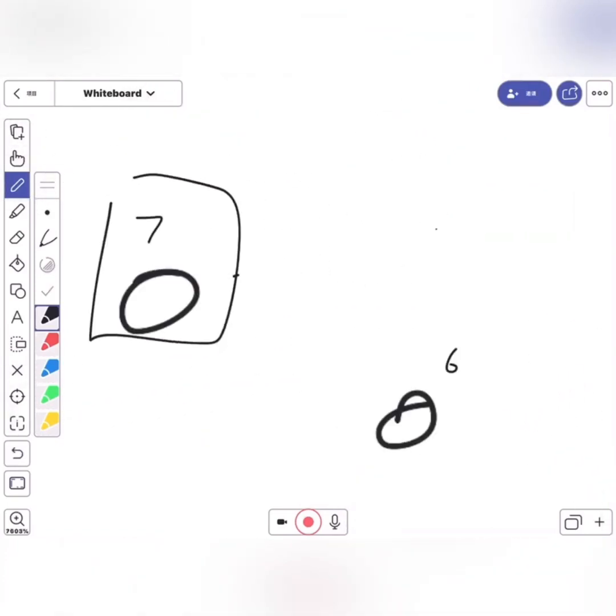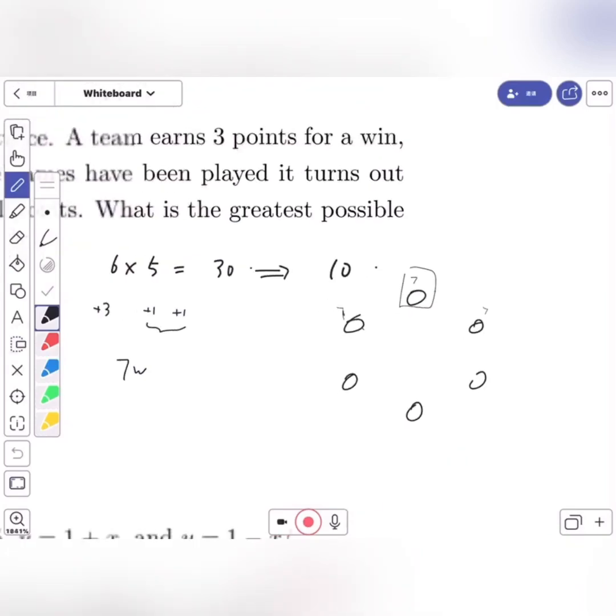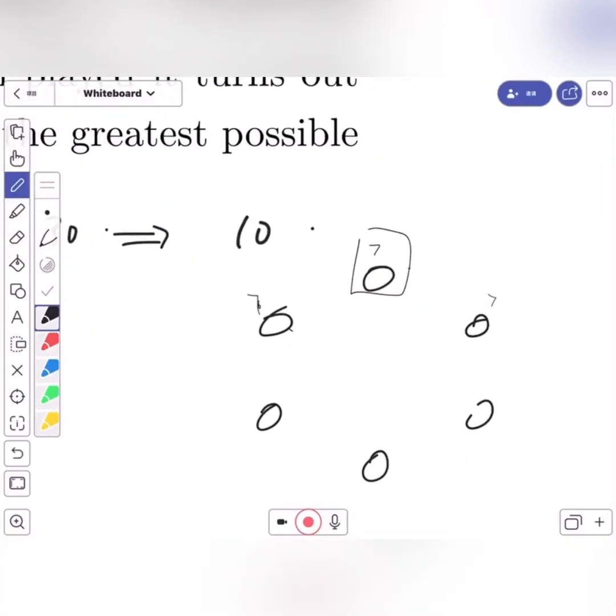And what about if all of them win 7 matches? Then if we want to maximize their score, we want them to have some draws. So this wins 7s, and they have 3 people to play with.